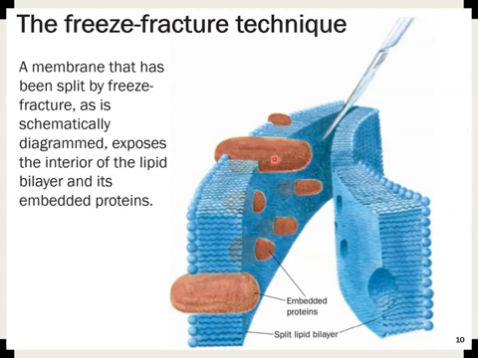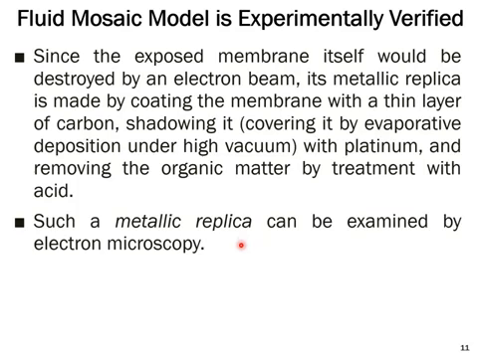We form a carbon structure here and cover this whole portion with carbon, and then we shadow the carbon with platinum by evaporative deposition under high vacuum. We deposit the platinum onto the carbon with the help of evaporative deposition.